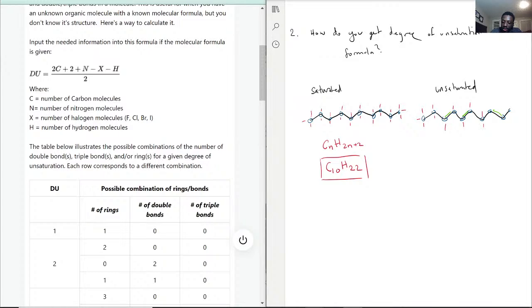And then this one has 2 again, only one, 3. So you see here, if we actually did the formula, it would be C10H16, because there were 3 double bonds, which exactly accounts for 6 of them being lost.